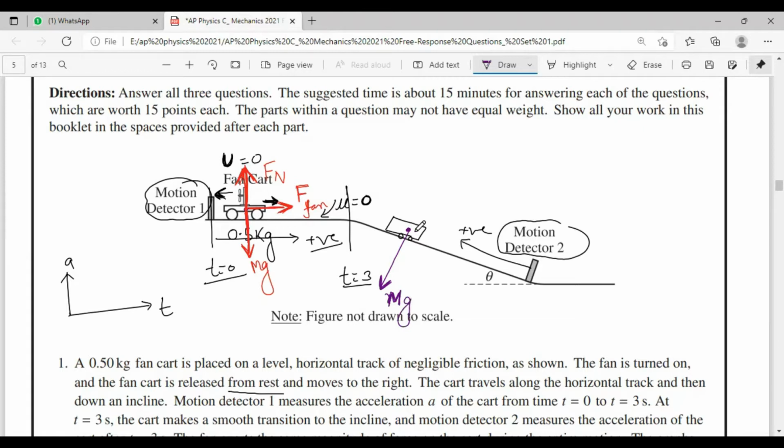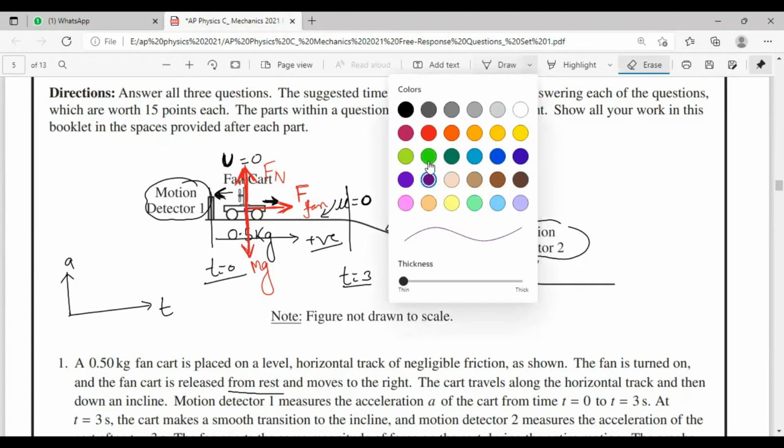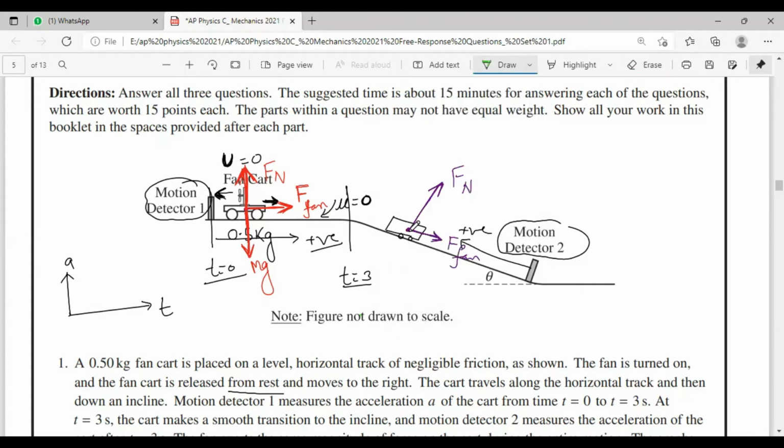There will be a force F fan, and there will be a normal force, F n. Sorry, we have made a mistake. mg will be acting vertically downward. So we should draw it like this.